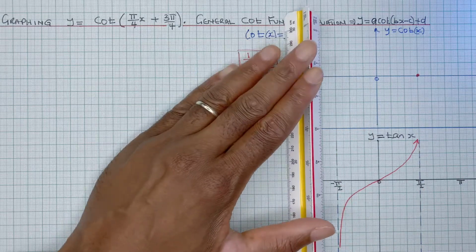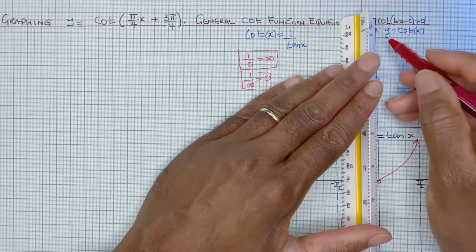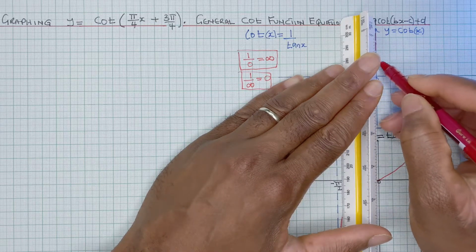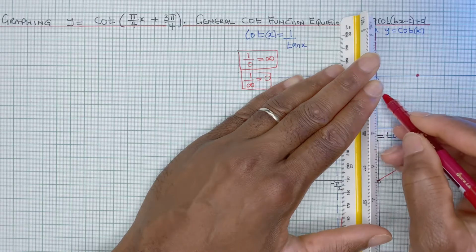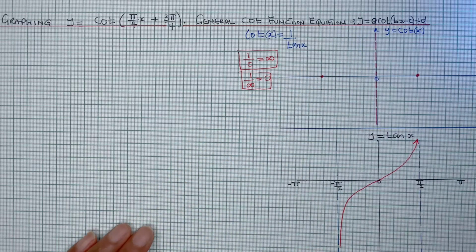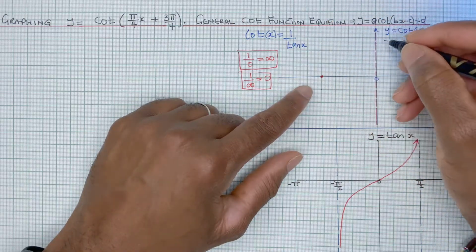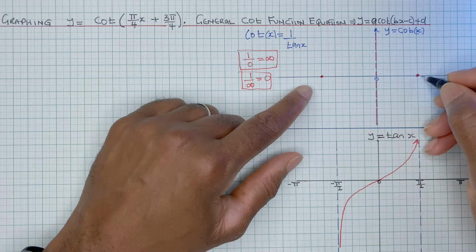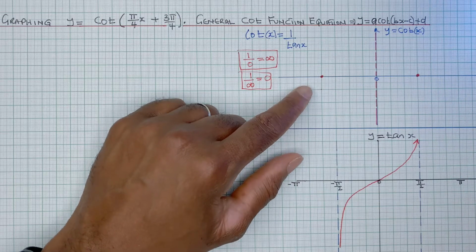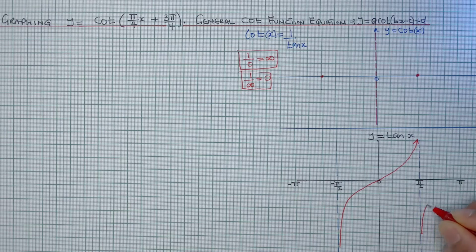And that's why we draw the line of infinity here for cotangent. So that's the line of asymptote, which means the graph will come from there, goes through 0, and then go to pi. The tangent goes through pi here, because if I draw tangent, it goes from negative infinity all the way to pi.